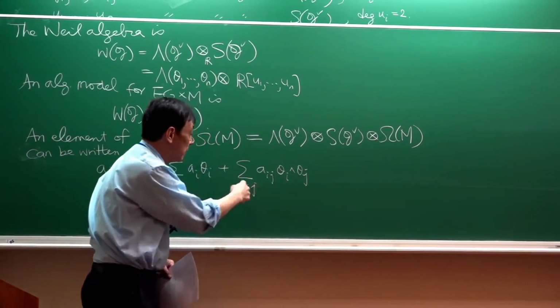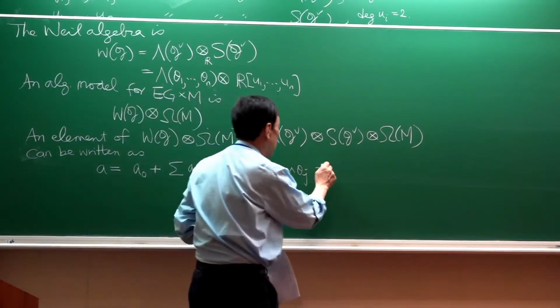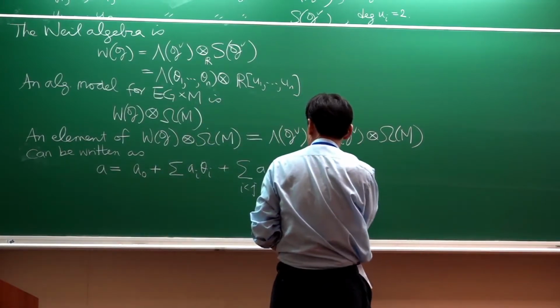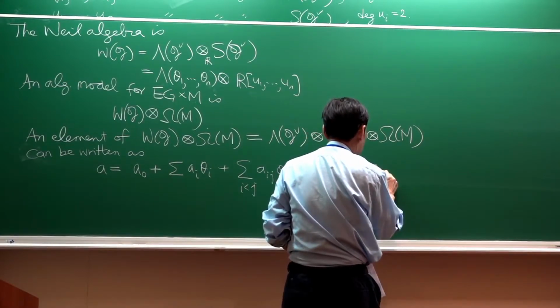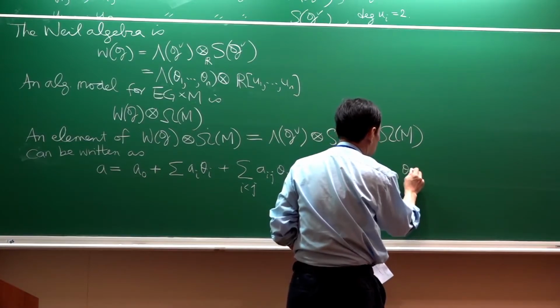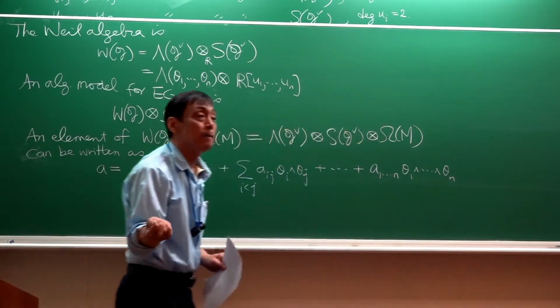There are two of them, but they're different, i less than j, okay? And so on. And then the one with the most thetas would be A 1 to n, theta 1 wedge through theta n. Right?